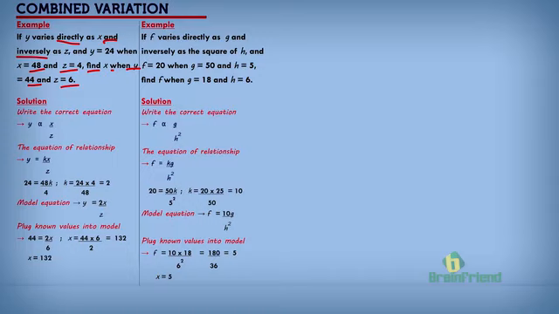Okay, so from the knowledge we have, we can easily write out our equation. Let's read it again. Y, using our symbol, varies directly as x. Good. But at the same time, y varies inversely as z. It means y varies directly with x, and at the same time y varies inversely with z.